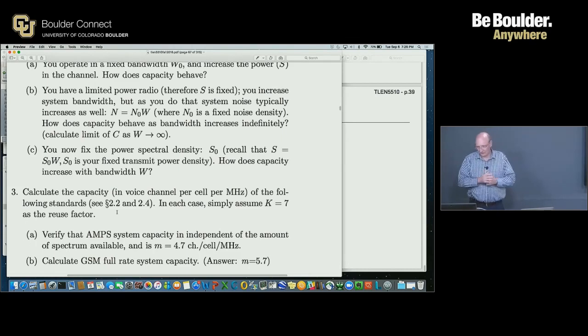You had to figure out a couple of things, but they were all in the class notes somewhere, right? So the reuse of 7 divides the capacity by 7, which is unfortunate, but the 8 time slots multiply the capacity by 8. For AMPS, how many time slots are there? 1.